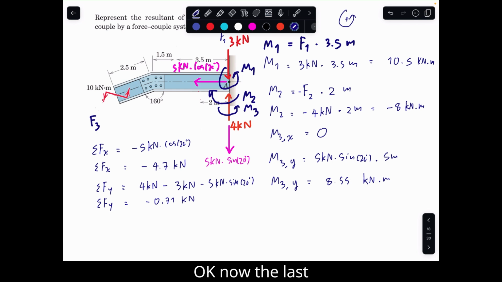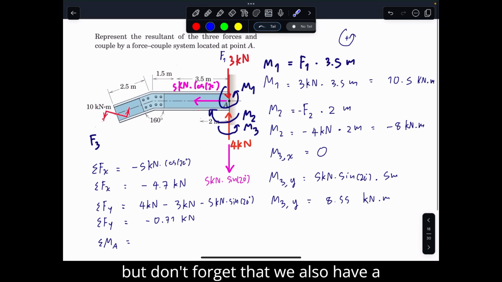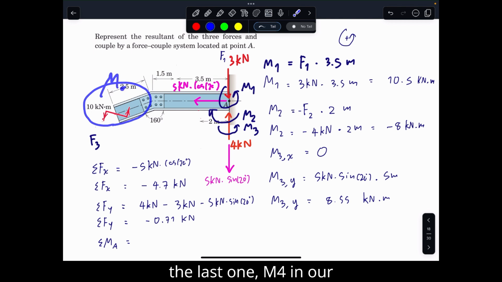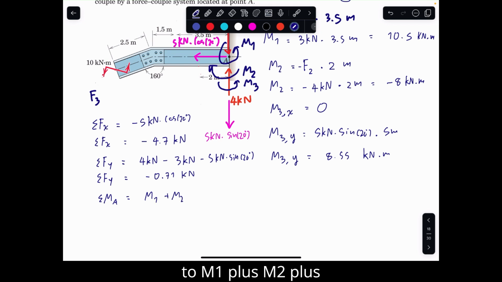Now the last one, the summation of the moment, sigma M at point A. So how many moments do we have here? M1, M2, M3. But don't forget that we also have the free couple moment here. That will be the last one, M4, in our summation. Sigma M A equals M1 plus M2 plus M3 plus M4.